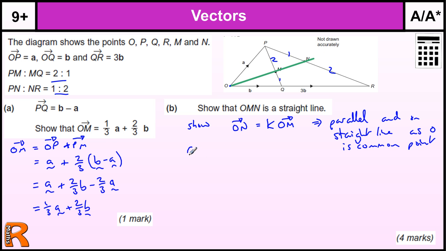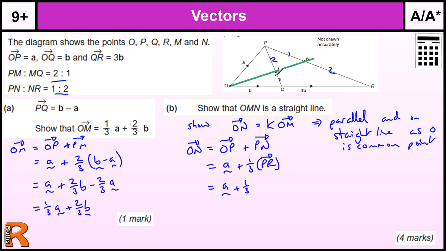So ON is going to be equal to OP plus PN. OP is our A again. PN is 1/3 of PR. Now PR is minus A plus all this, which is 4B.